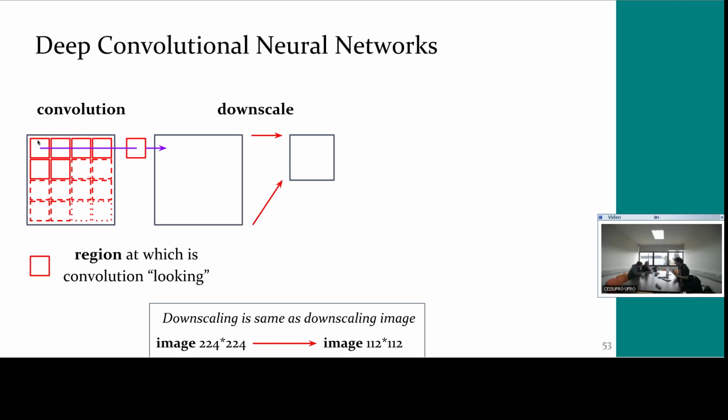Downscaling is simply dividing the image, like downscaling it from 222 into 100, well, just half size. Fine, that's easy. This is again done so that we have fewer parameters to worry about later. We have half an image, a lot fewer parameters, but also because then we follow this convolution downscale with another convolution and downscale.